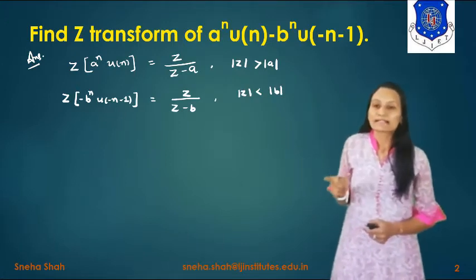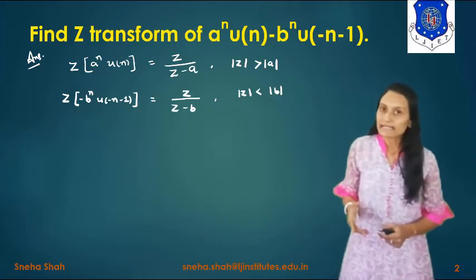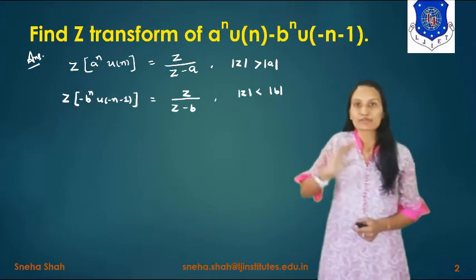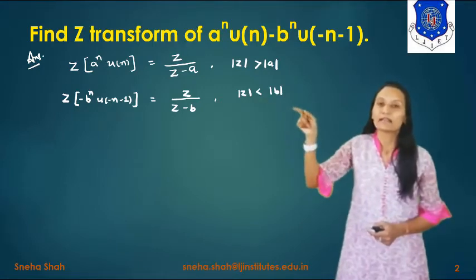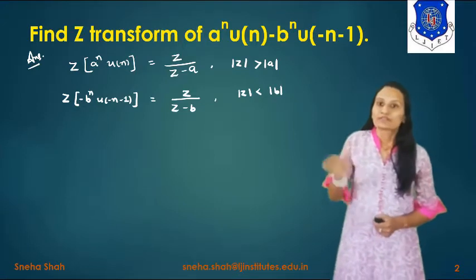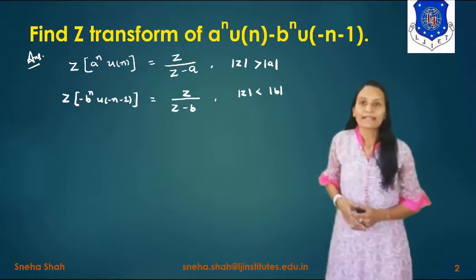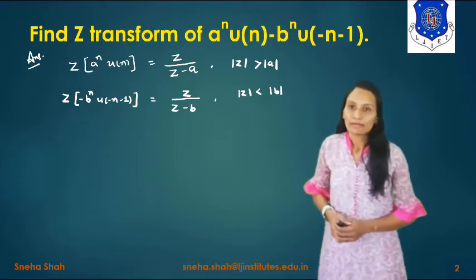Similarly, u of minus n minus 1 is considered the anti-causal part, meaning totally the negative part, and for that the ROC will be less than something. So mod z is less than mod b. These two terms we derived in the last session in the standard signal form.